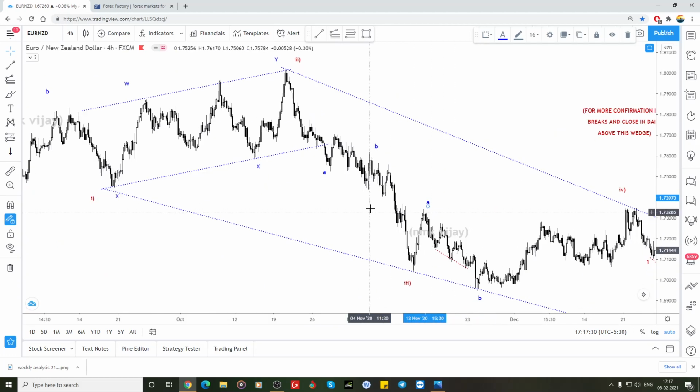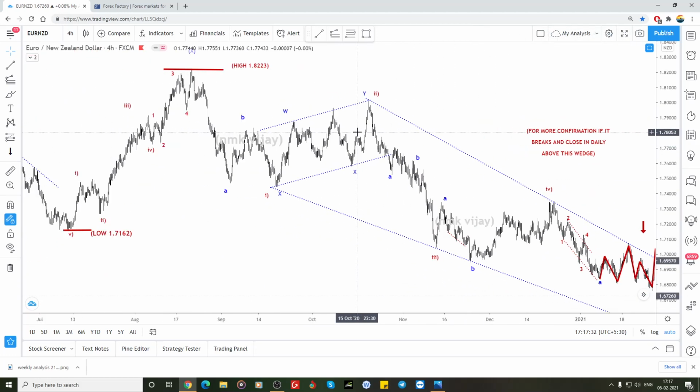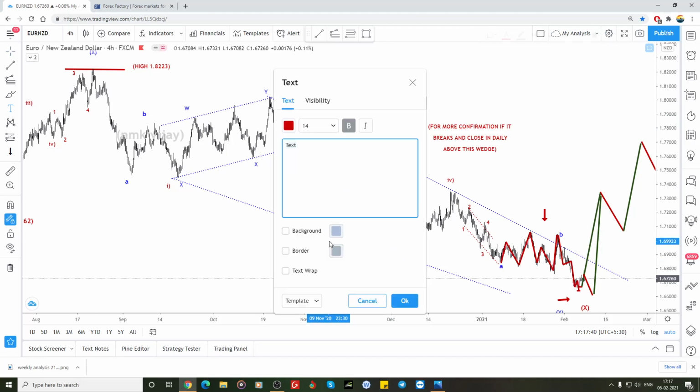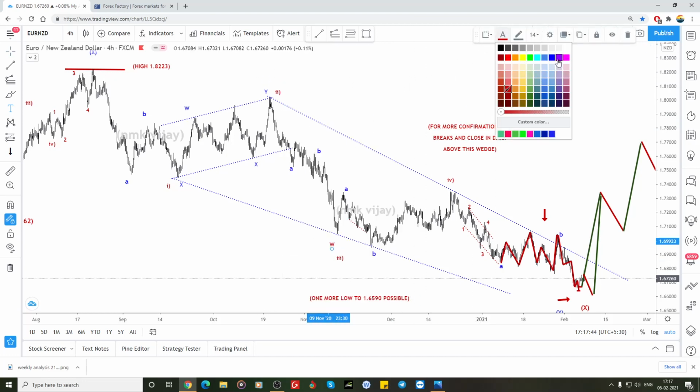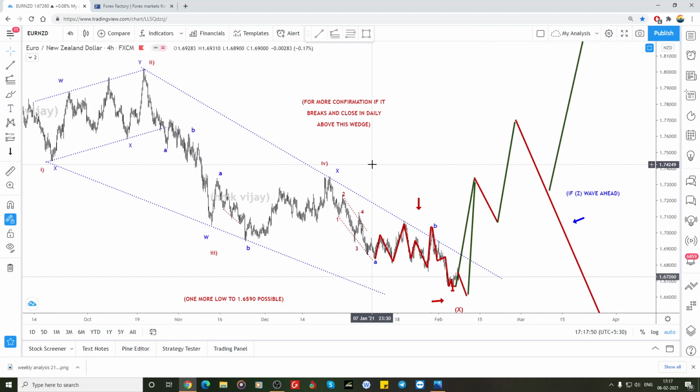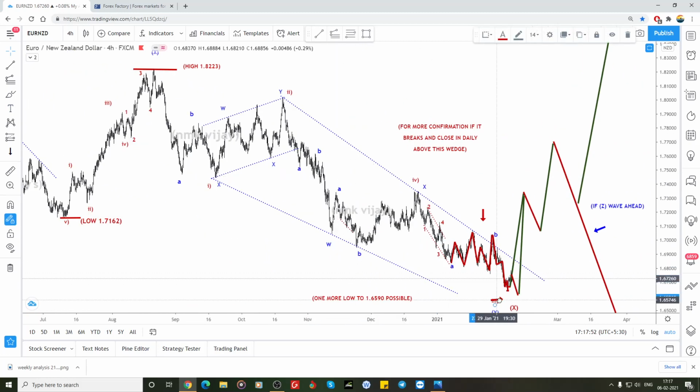So what I'm expecting here is, if the third wave is extended, we need to make this a W, this an X, so A, B, C. Then what will it be? This is the end of the third wave.